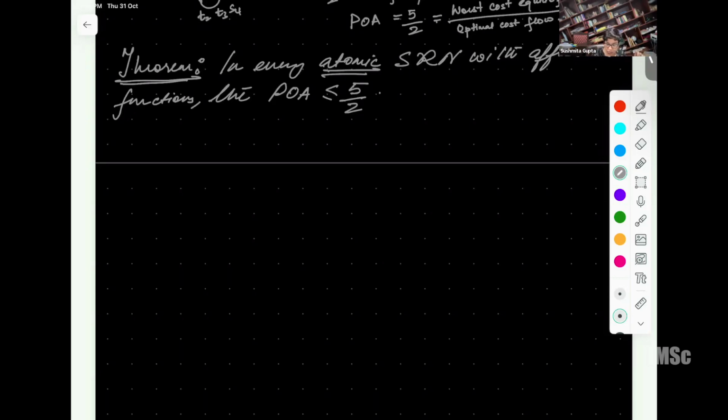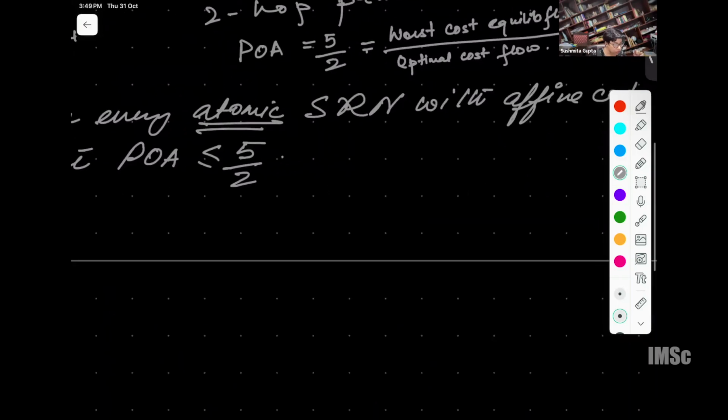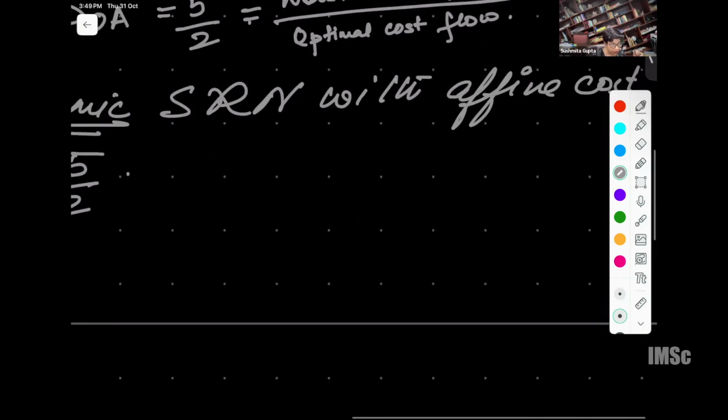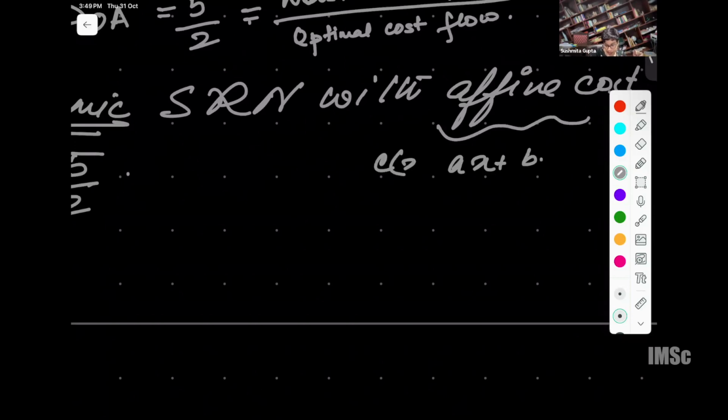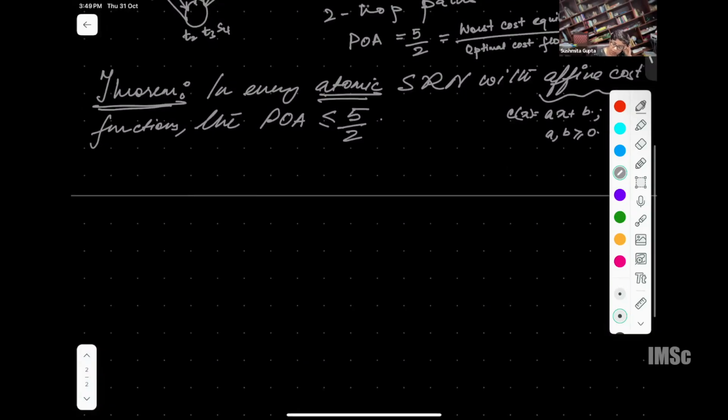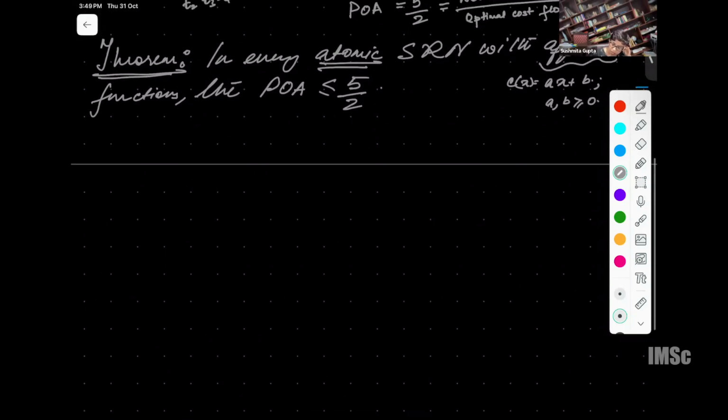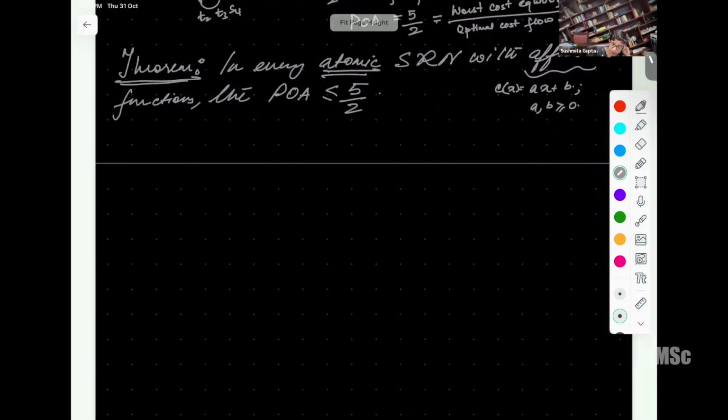Okay, so an affine cost function would be, let's see, I wrote all these things yesterday. C of x is a x plus b, where a and b are greater than or equal to 0. Okay, so this is what an affine cost function means.